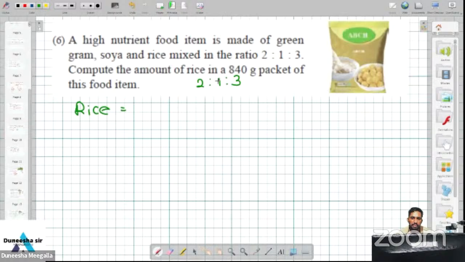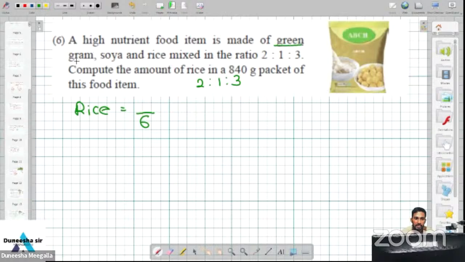Then what is the summation of ratios? 6. Then you can get the rice fraction. What is the rice fraction? Rice is 3 over 6.